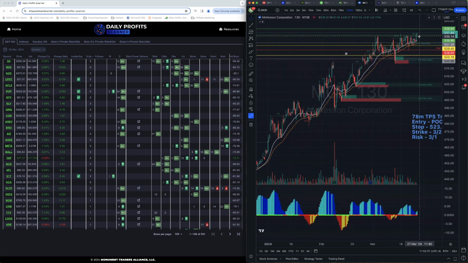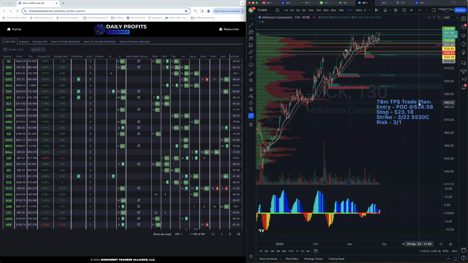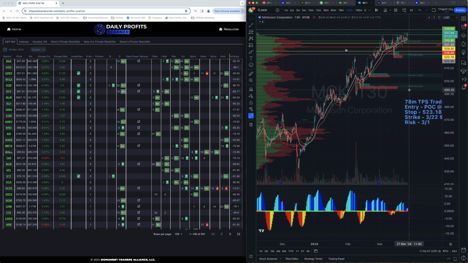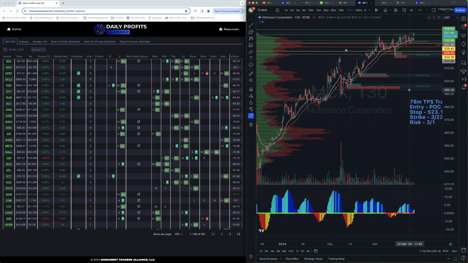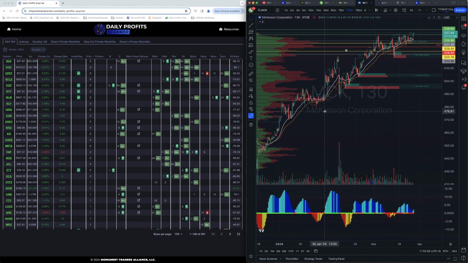God, what a chart. We did a trade plan on that one back. I wish I could remember what day we did that, because I think that thing has exploded since then. All right, let's take that off. I do like MCK as well. I mean, there's so many things to look at.